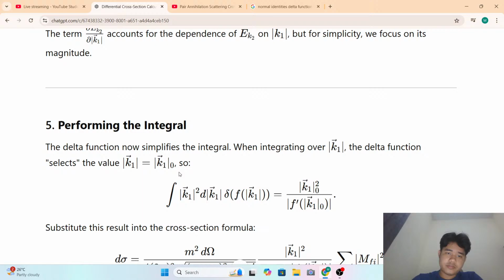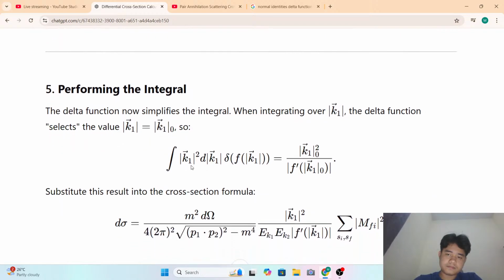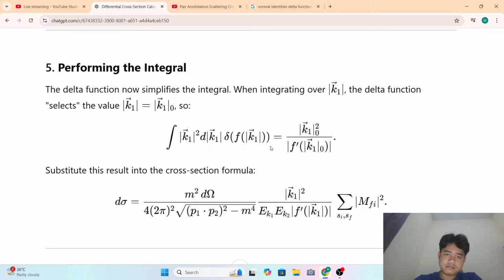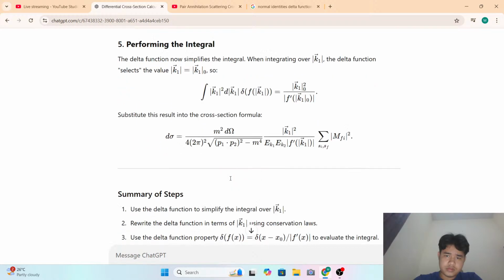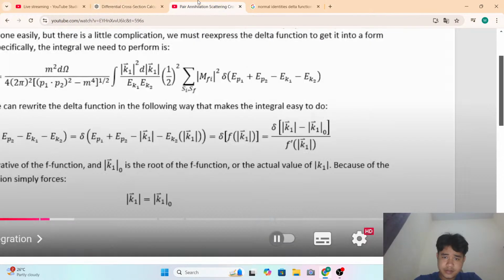The delta function now simplifies the integral. When integrating over k1, the delta function selects the value k1 equals k0. So why is this? What?